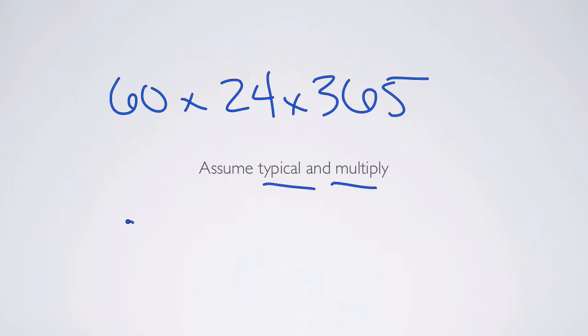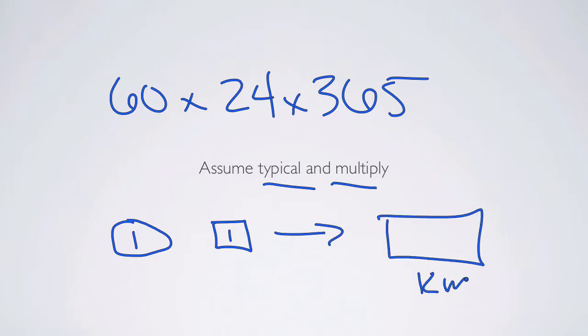And on a spatial scale, if we assume that it's typical, we just might take a measurement on a single meter squared, something like that, and extrapolate that up to the kilometer squared just by multiplying by 10,000. And often what we do is essentially a back of the envelope calculation. We take the numbers that we have and we simply scale them up by multiplying over the different areas that we're trying to extrapolate to.